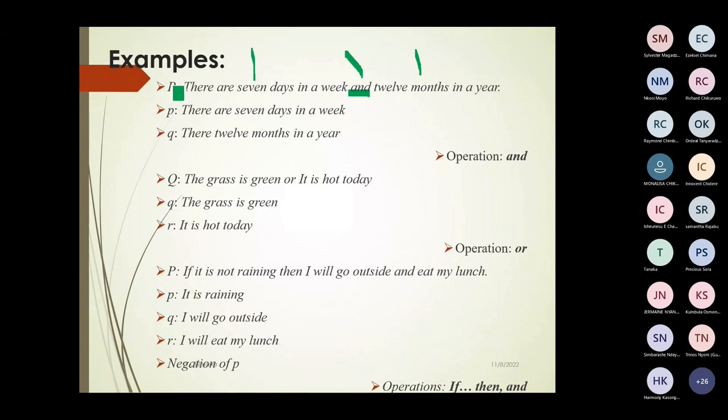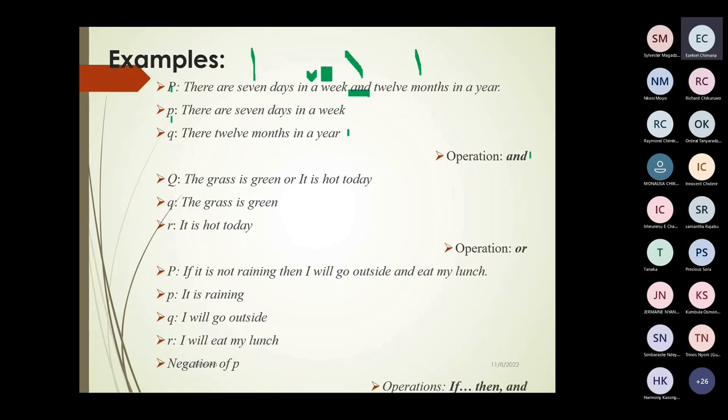So this capital P is the compound statement, and this small p is the first simple statement that we are drawing from here. There are 7 days in a week is a simple statement. There are 12 months in a year is also a simple statement, which will be denoted by Q.